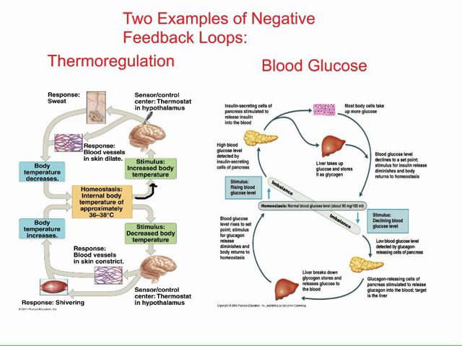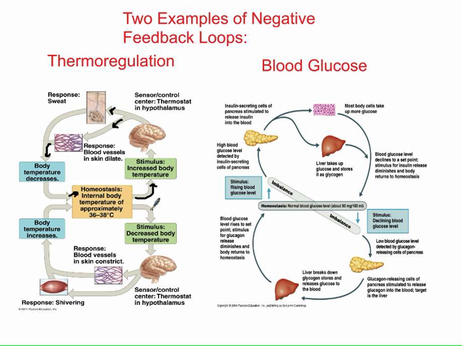It will notify our brain, and then our brain will send out a signal to our sweat glands, and we'll start to sweat, and then the evaporation causes us to cool down. It'll send out a signal to our blood vessels, and the response will be that our blood vessels will dilate to allow the release of more heat. That will in turn cause our body temperature to decrease, and we'll be back at homeostasis.